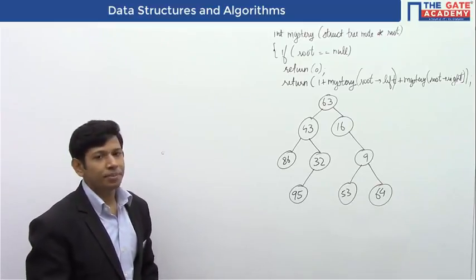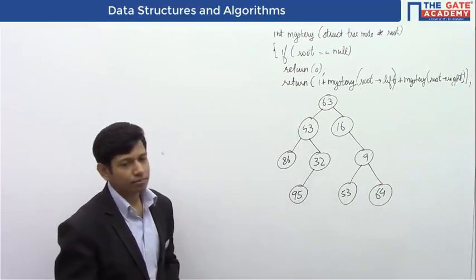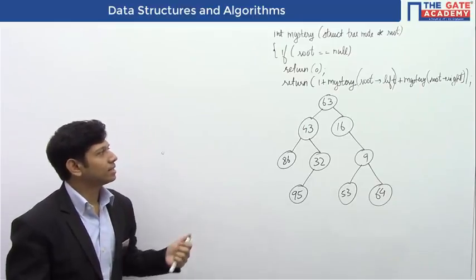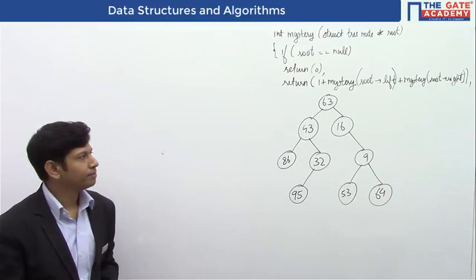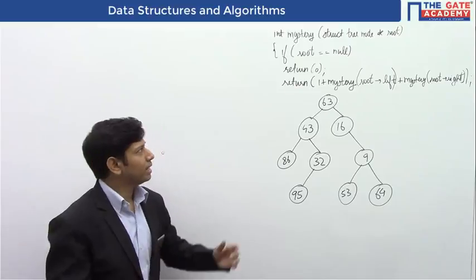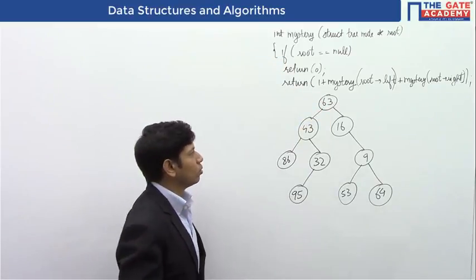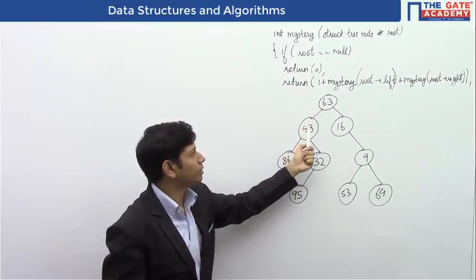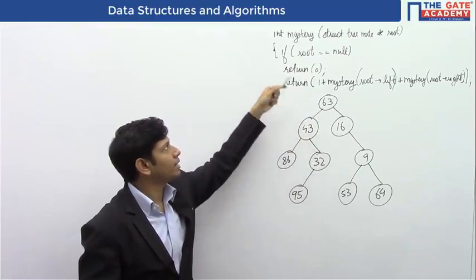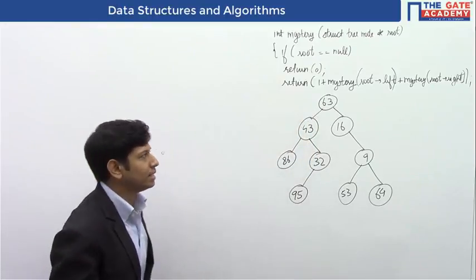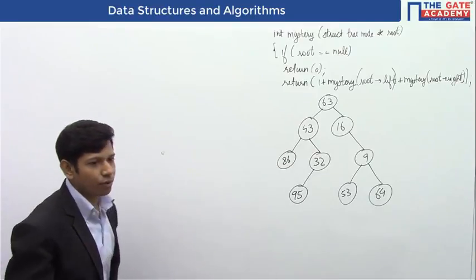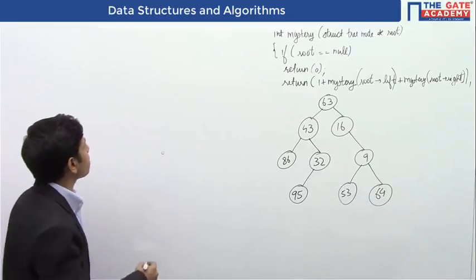When we start from 63, we see that 63 is not equal to null. Then this mystery calls another mystery on root left. So this will call 43, and then again this will start. Let's see the recursive stack for this program.